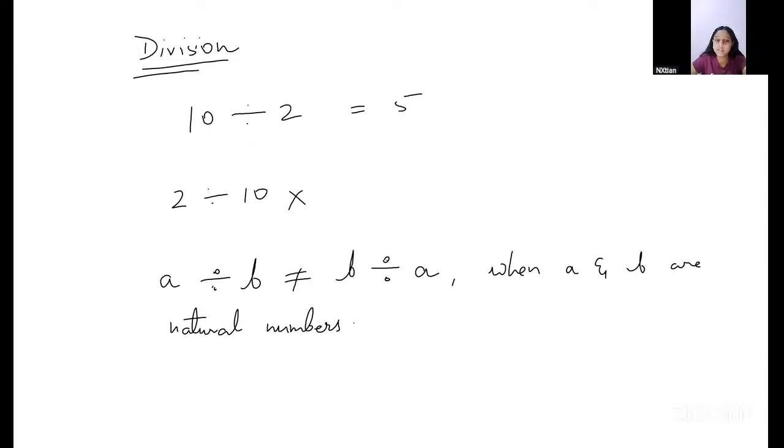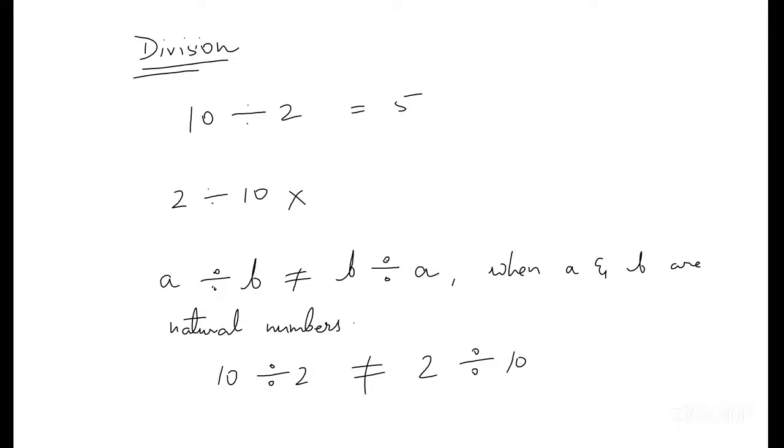We can never divide a smaller number by a larger number. Understood this part? So we can write 10 divided by 2 will not be equal to 2 divided by 10. Understood the first property? Nathaniel understood the first property.